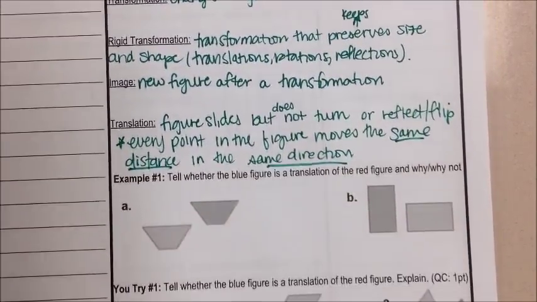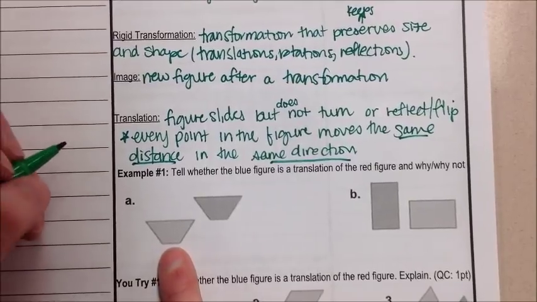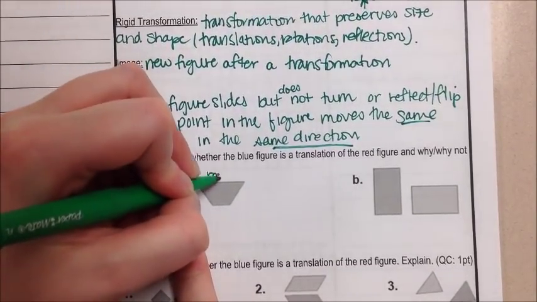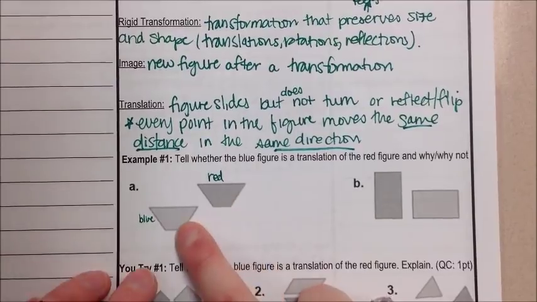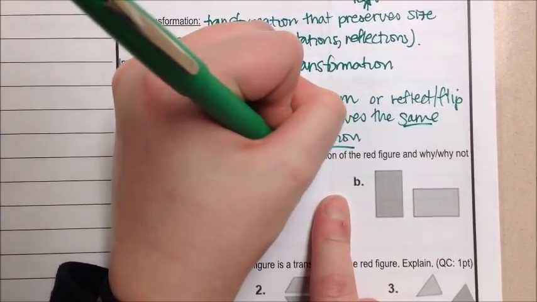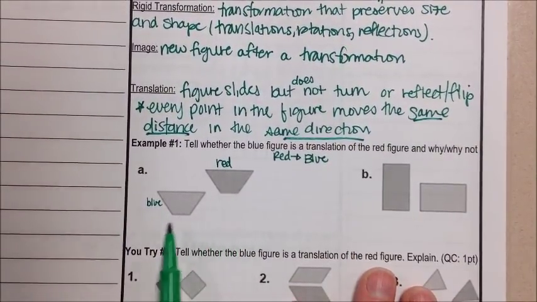Okay, so example number 1: tell whether the blue figure is a translation of the red figure. The lighter color is the blue, so this is the blue and this is the red. On all of these, the blue is the lighter color. So they're saying going from red to blue, is it a translation? Well, did I literally just slide this?